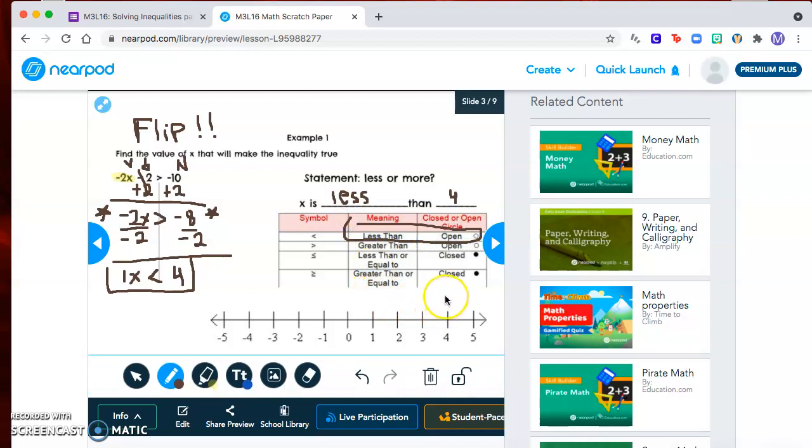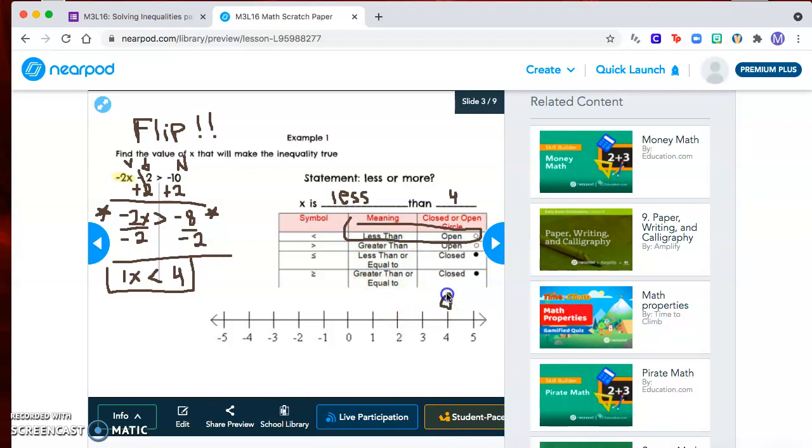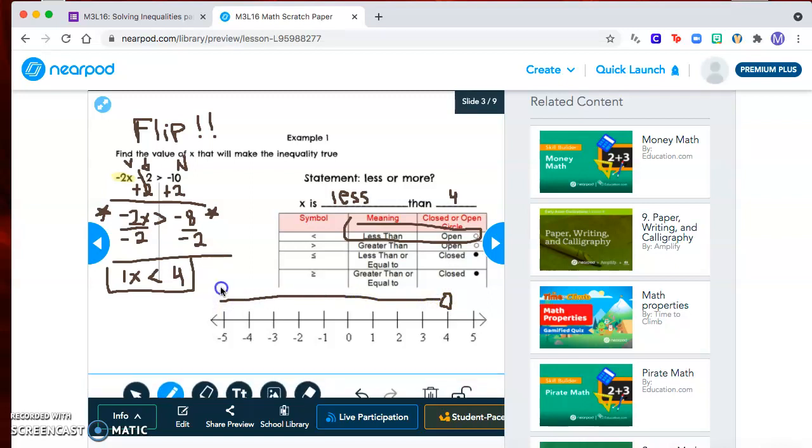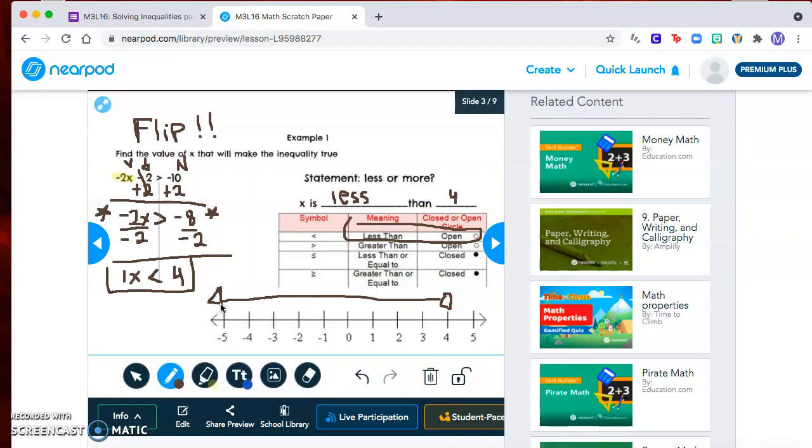So I'm going to go to 4, have the circle open, and highlight all the numbers that are less than 4, which means there are multiple solutions to x that could make this inequality true. It could be any number that is under 4.